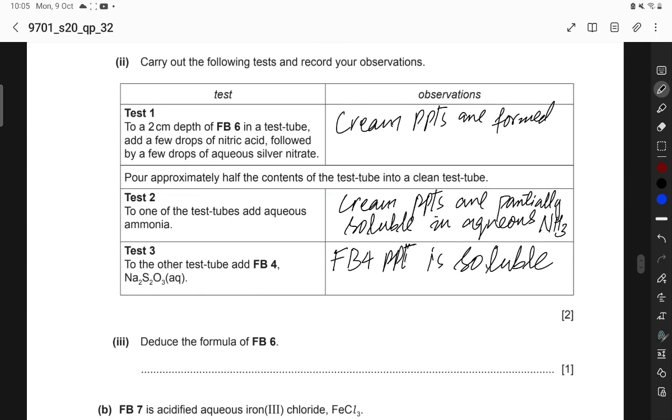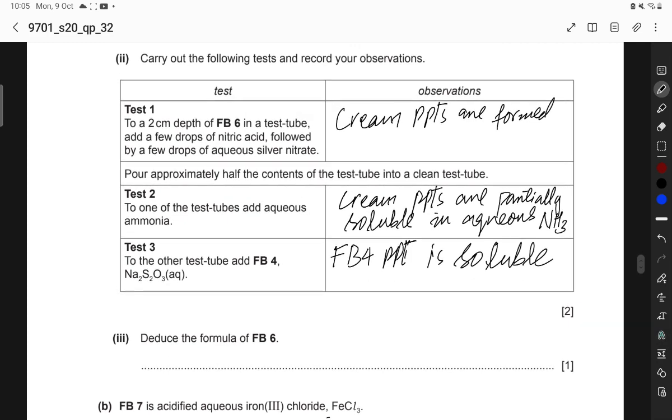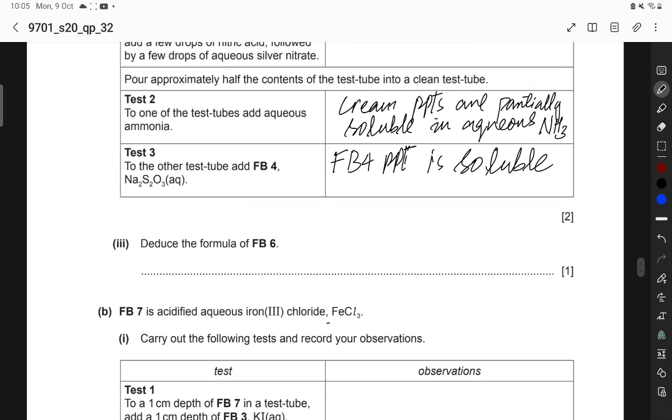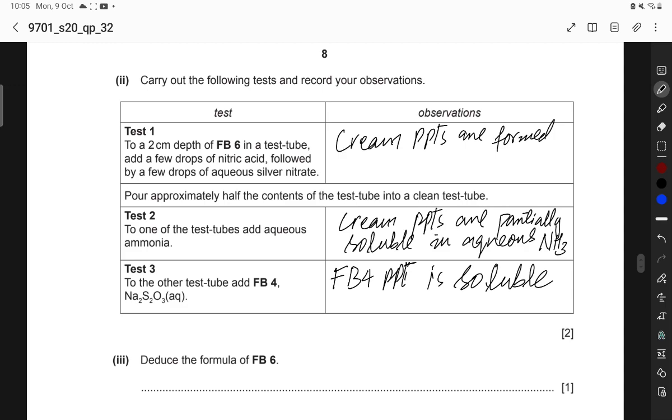So these three tests confirm that FB6 contains bromide ions, because cream precipitate of silver bromide is formed when silver nitrate is added, and these cream precipitates are partially soluble in aqueous ammonia. The precipitate is soluble when to the other test tube we add FB4, Na2S2O3.